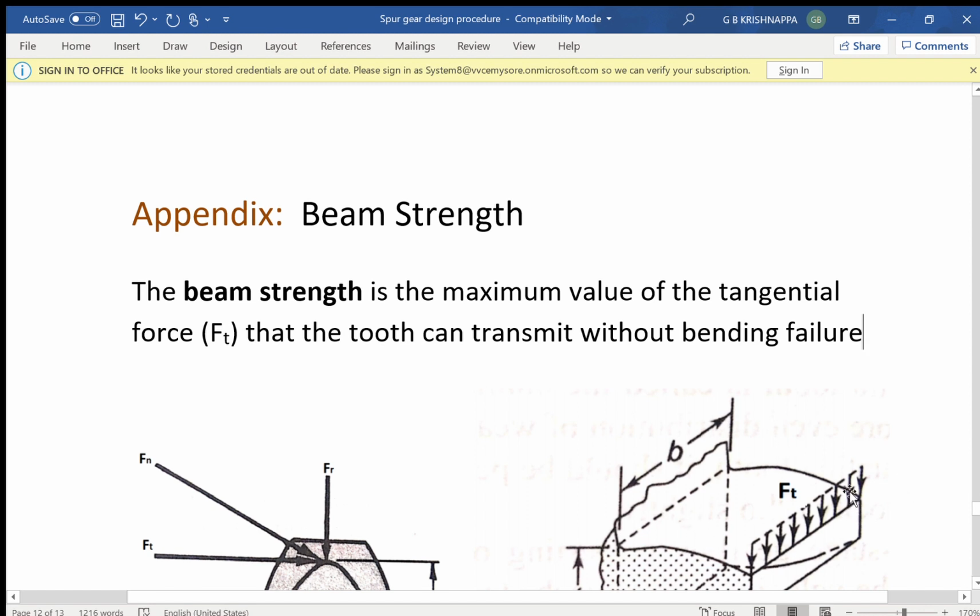Assume that the beam strength of a particular tooth is about 5000 Newton. If the tangential force is 5200 Newton, then the tooth will fail.